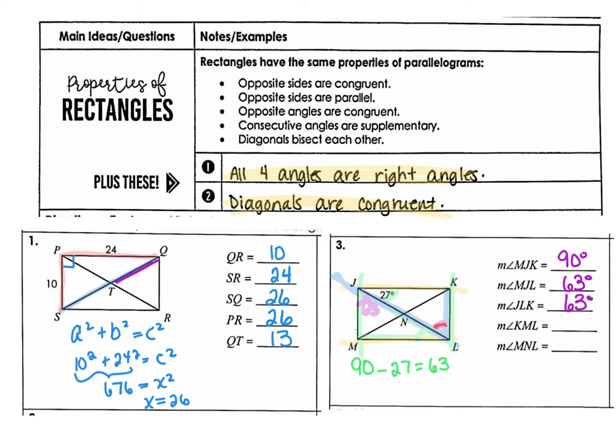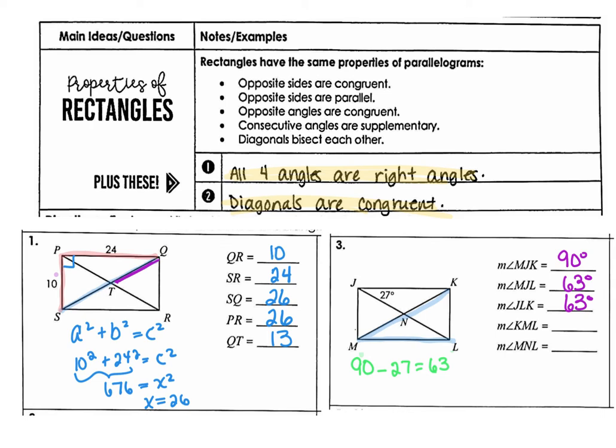For the next two, if you look at these, they want KML. I'm going to actually erase some of that so we can see it a little easier. All right, so they want KML, which is this one. All right. And then they want MNL, which is what's left over up there.